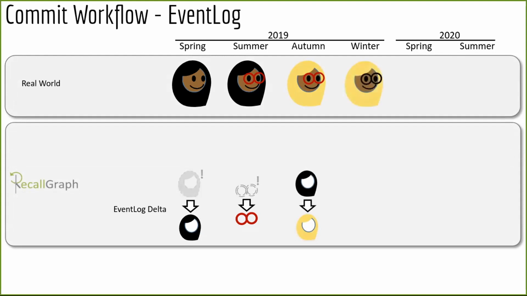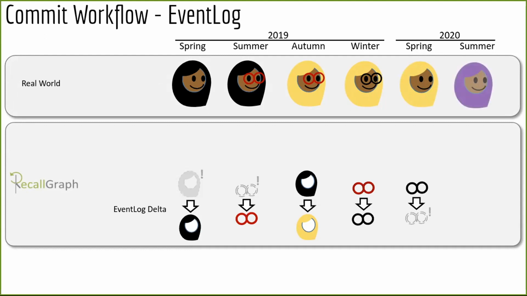In the winter of 2019, Anna changes her spectacle frames from red to black, and RecallGraph keeps track of that. In the spring of 2020, Anna loses her glasses, and so RecallGraph tracks that as a delta going from black frames to nothing. Finally, in the summer of 2020, Anna changes her hair color to purple, and that is also tracked by RecallGraph.